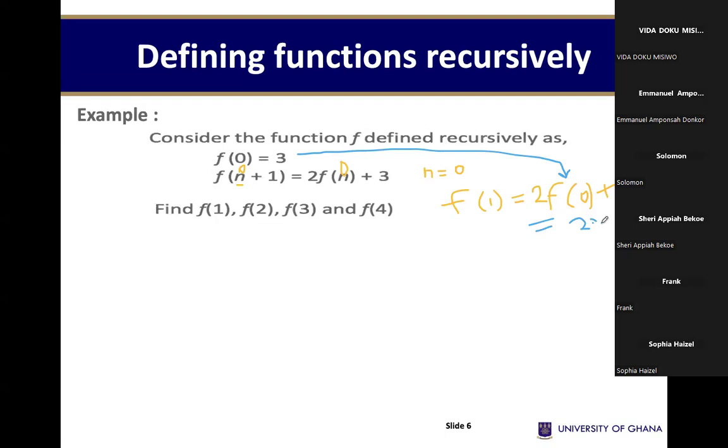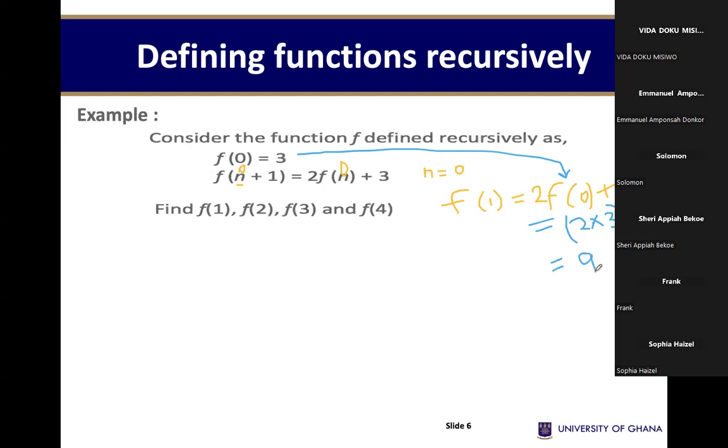Let me just write times here so that someone will not come and ask me. 2 times 3 plus my 3. There should be brackets here, right? So that you know we are multiplying the 2 and the 3 first. And this now should land me up with a 9. Yeah, 9.